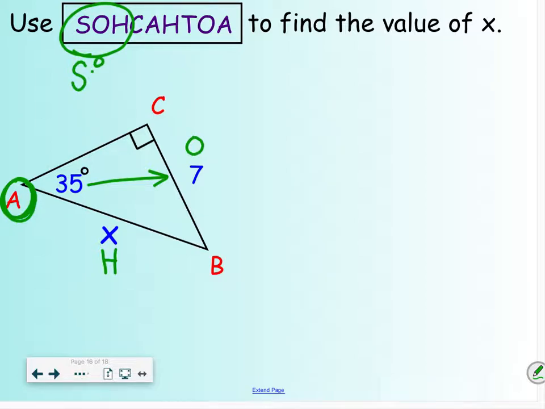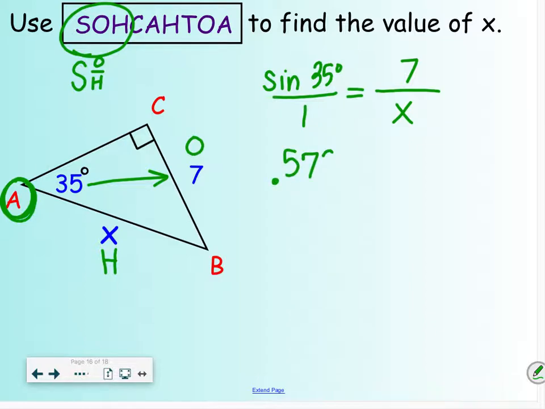So remember, it looks like this in fraction form. So sine 35 degrees over 1, you always put the 1 under it, equals opposite, which is 7, over hypotenuse, which is x. So the sine of 35 degrees on a calculator, 4 decimal places, 0.5736, put the 1 under it, equals 7 over x.